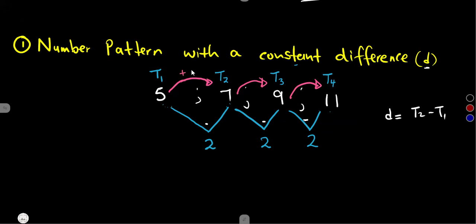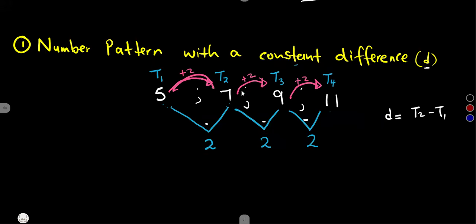We are adding. So we add a 2: 5 plus 2, that's a 7. 7 plus a 2, that's a 9. 9 plus a 2, that's 11. So it means that the common or the constant difference is to be added to obtain the next term.